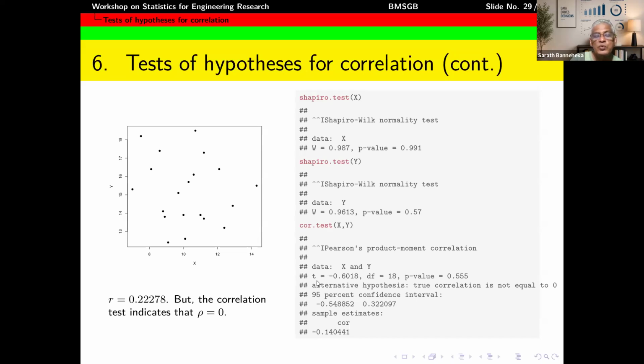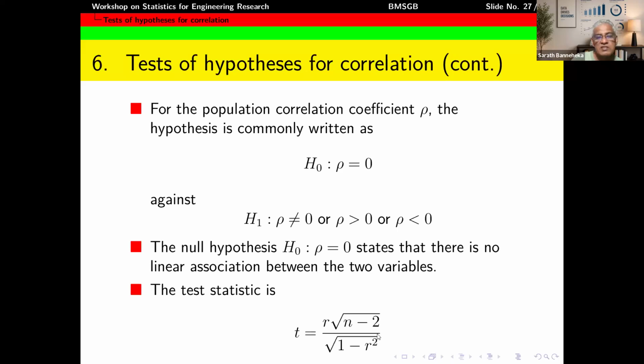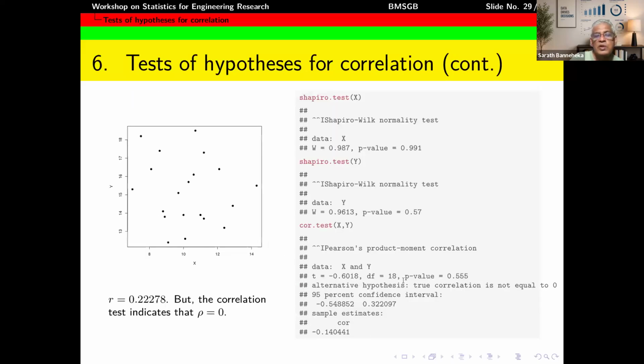And there it gives you the T value, that is the value of this test statistic. That is not important to us, right? But it gives you the degrees of freedom of the T distribution. And this is the important thing, the P value of that test. So the P value of this test is greater than 0.05. Therefore, we say we do not have enough evidence to reject H naught.